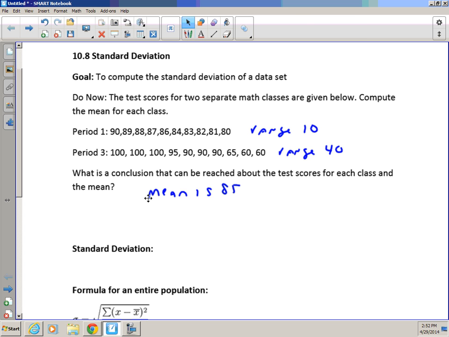Now, that's very simple to look at, but what you'll see is that what we've got is quite a wide range, for lack of a better term, but a diversity in the spread of the data.